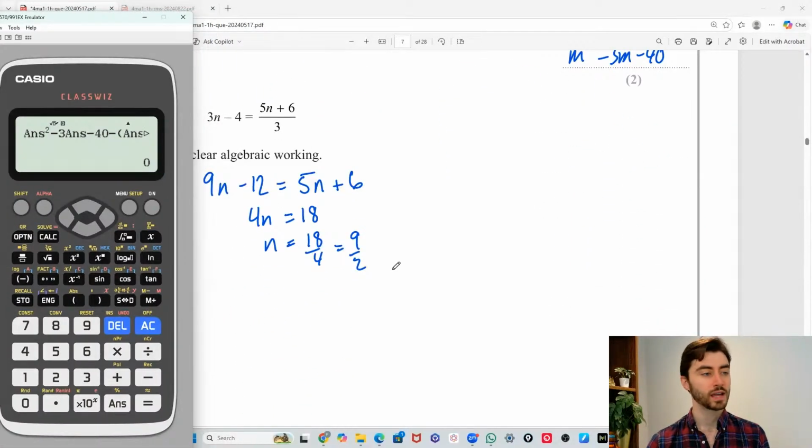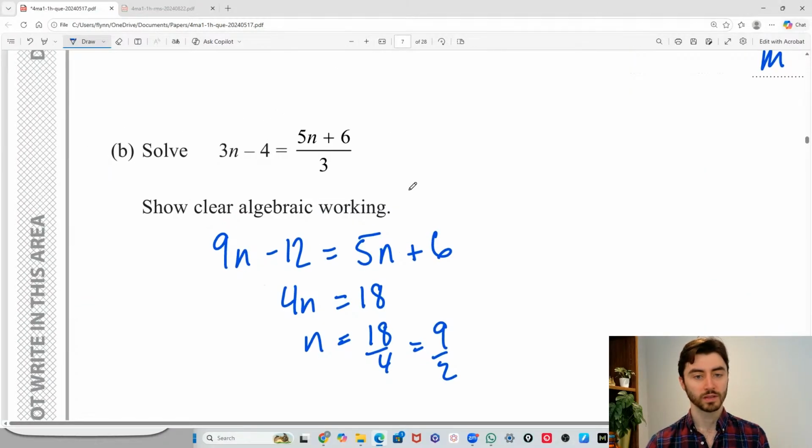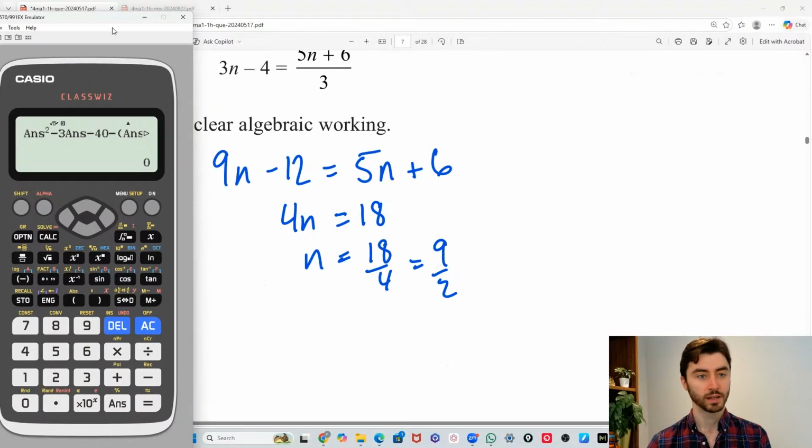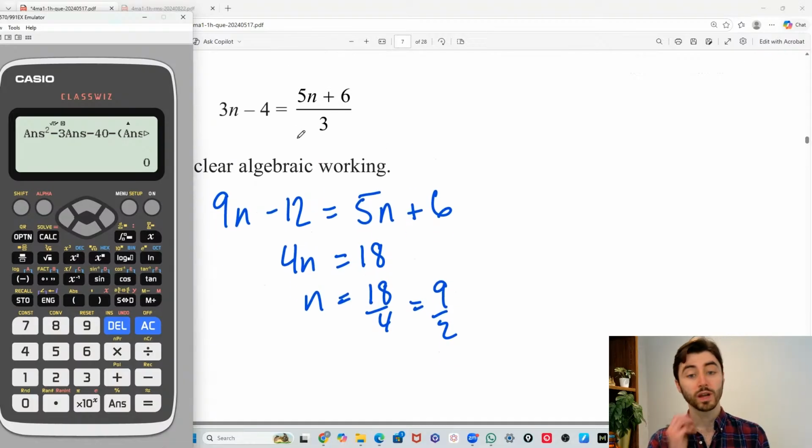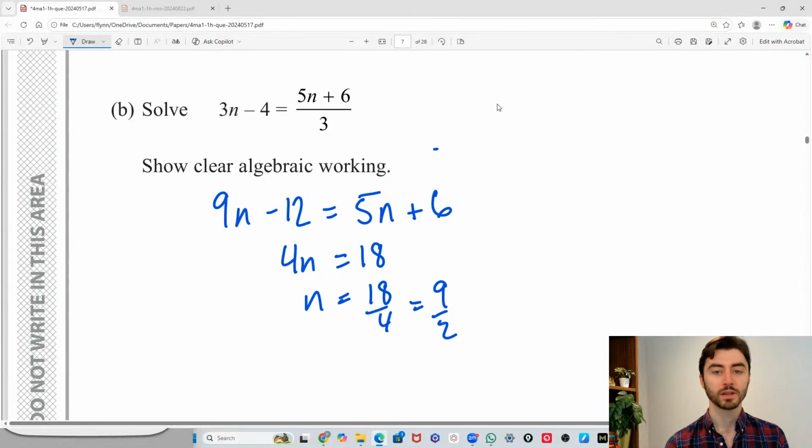Similarly here, if I got an answer of 9 over 2, let me make this bigger just for formatting. What I can do is plug my 9 over 2 back into the equation and make sure I get 0. But what I'm going to do is rearrange it to get something that should give me 0, right? So here, I'm going to say that 5n plus 6 over 3 minus 3n plus 4 should equal 0.